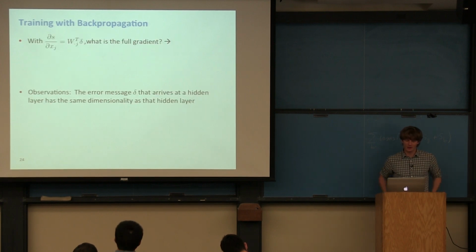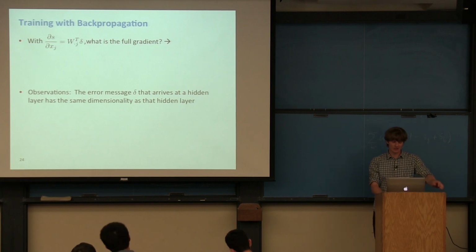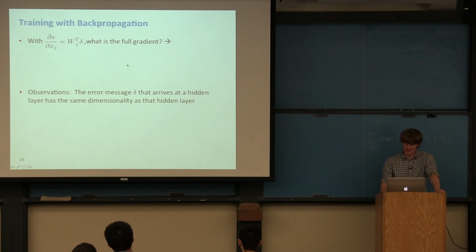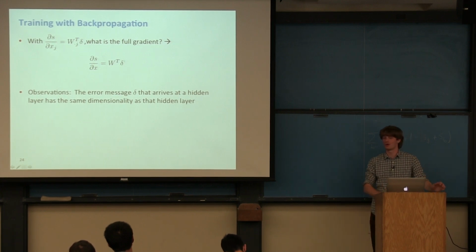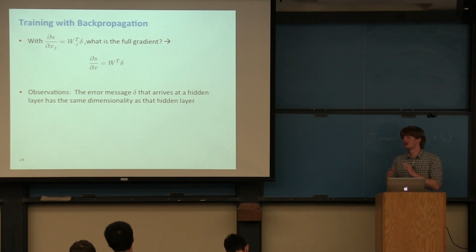All right, so now you gave away the next question, which is what is the full gradient of all the x's, and that will just be the full product of W transpose times delta. And this W transpose times delta is something that we'll see in 3 slides or so for arbitrarily deep neural networks too.